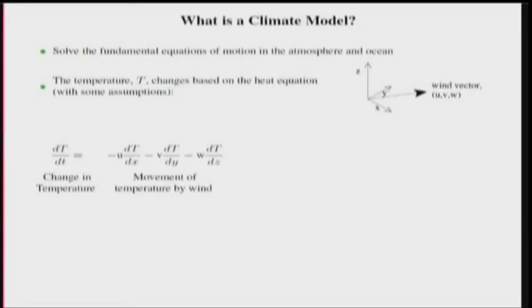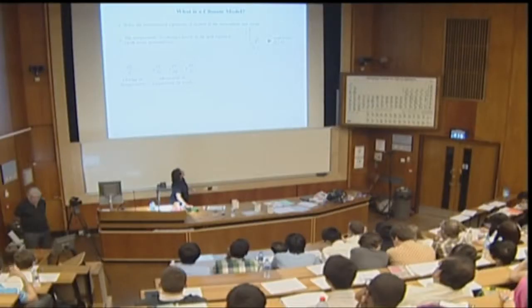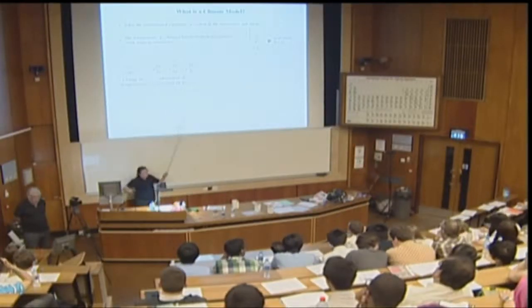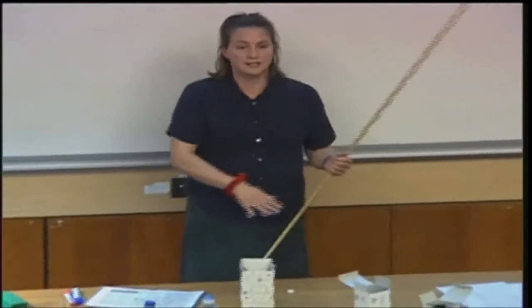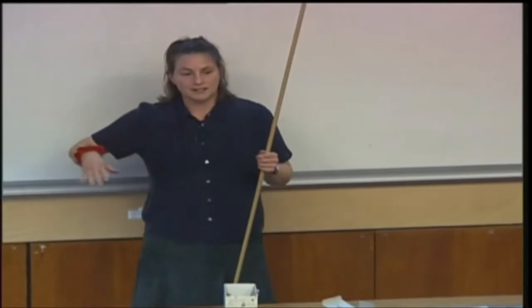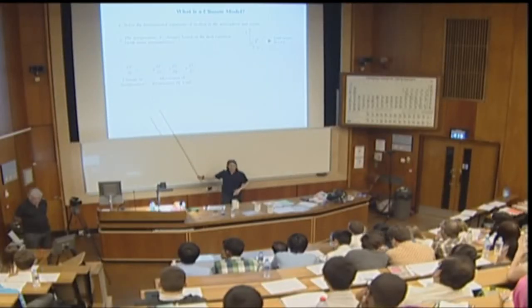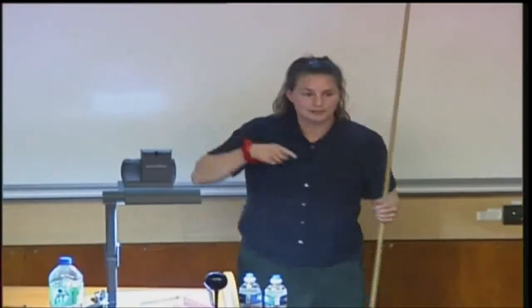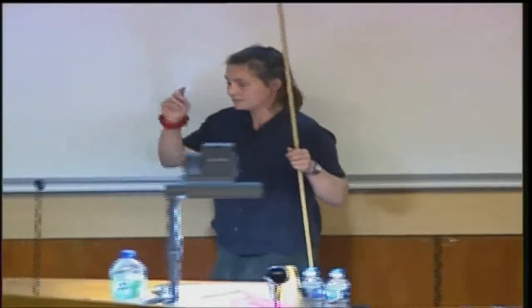The rate of change of temperature is equal to minus u dT/dx minus v dT/dy minus w dT/dz. So if you've got a wind u and a temperature gradient, cold here and warm here, you multiply those together, and it's going to get colder. So dT/dt is negative. And that's the same for the v direction and the w direction.